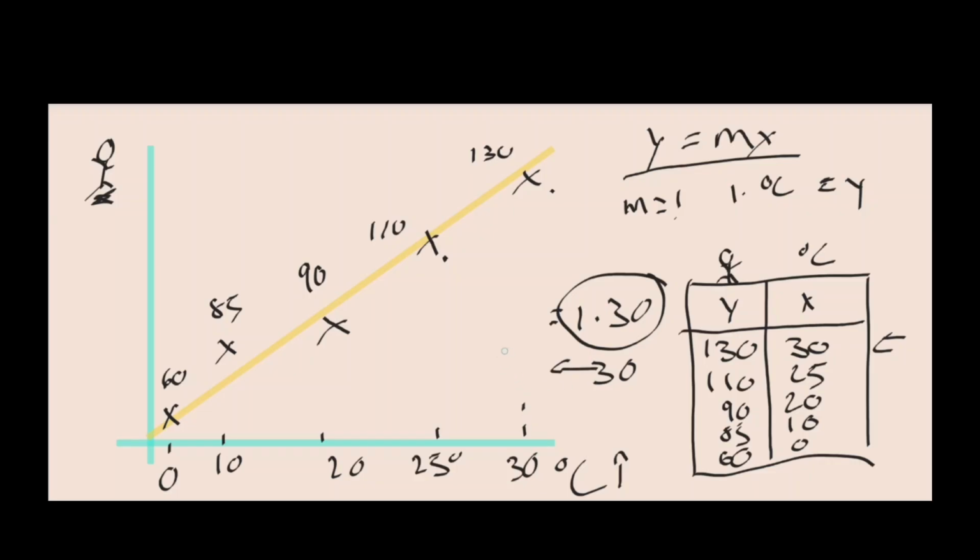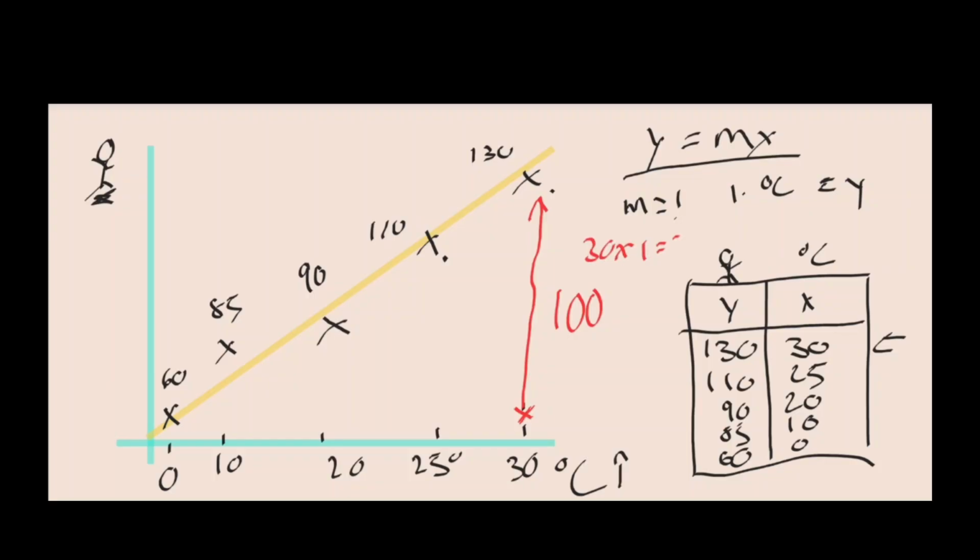is not matching 30 people. We would be around here and we start seeing that we are miles away from the truth, 100 units from the truth, right? Because I am predicting 30 times 1, but the true value is 130.